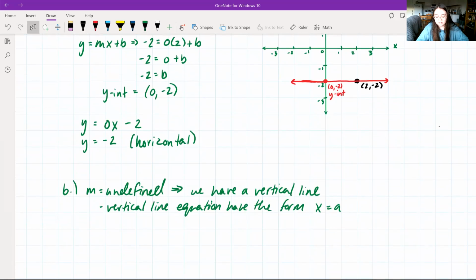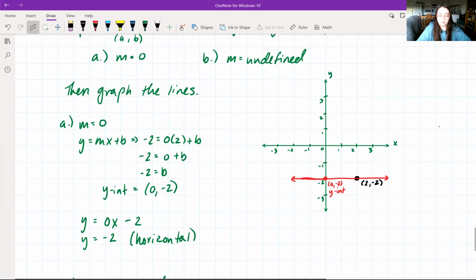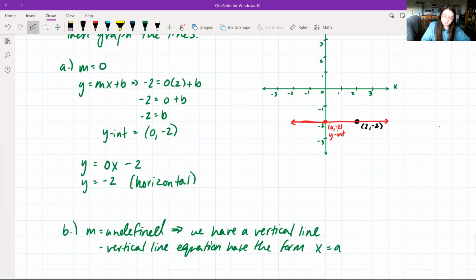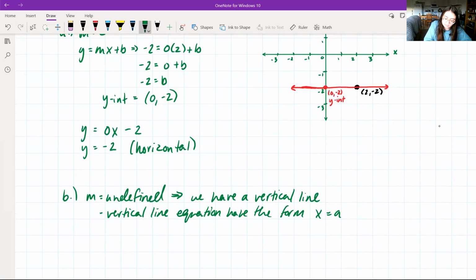So if the equation has a form of x equals a, and the point that we were given was (2, -2), then we get that our equation is just going to be x equal to 2.